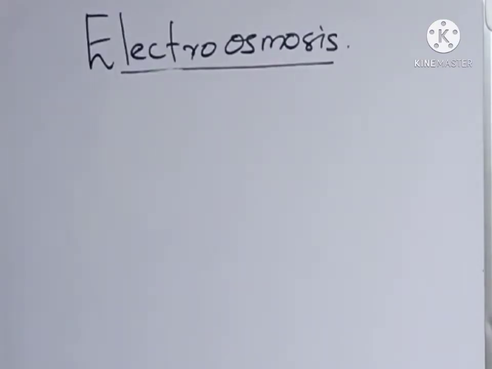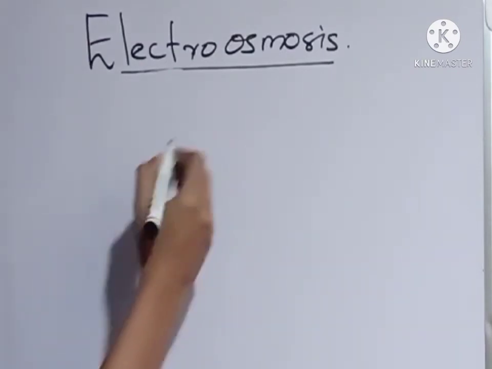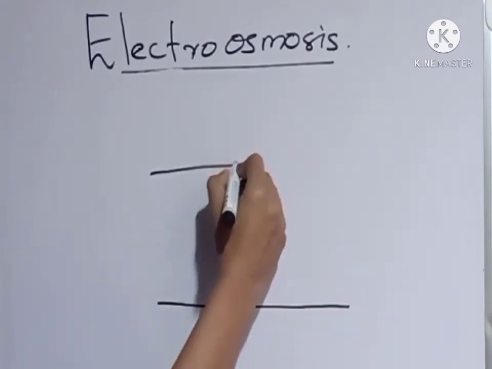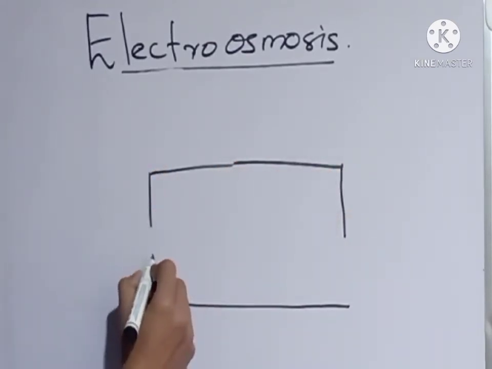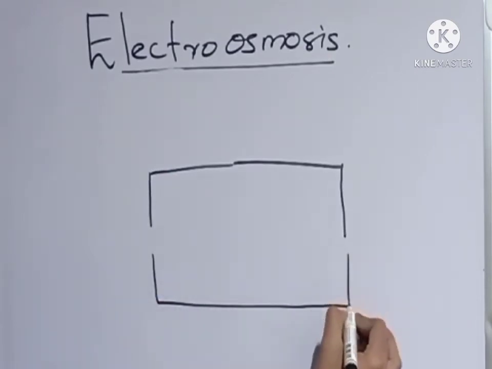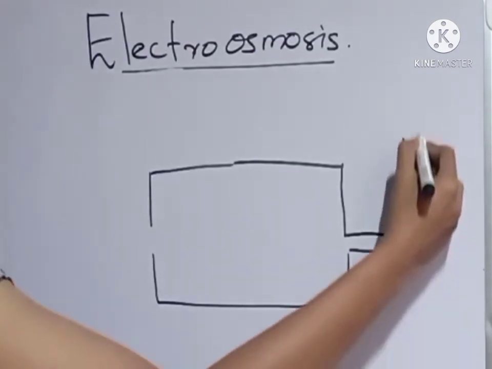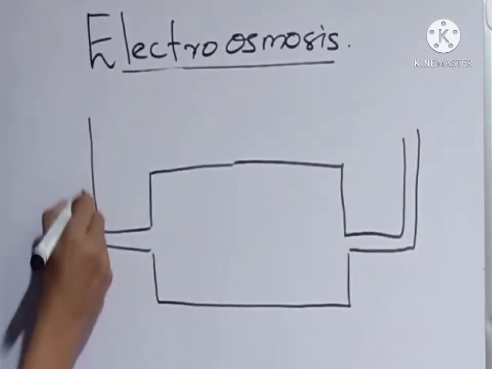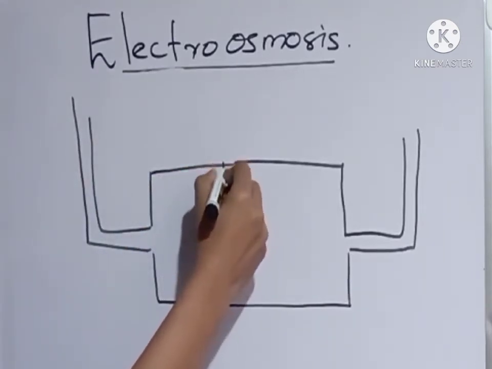Okay, let us learn about the experimental setup which is used to conduct electroosmosis. This is a simple apparatus which is connected to two glass tubes, one on each side, and this apparatus is divided into three portions.